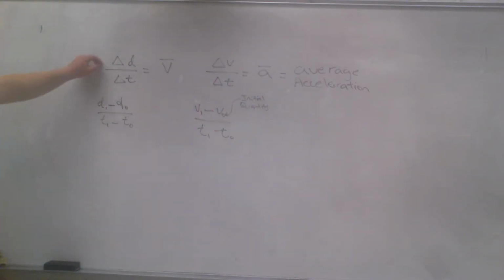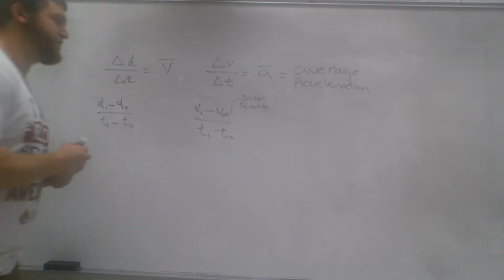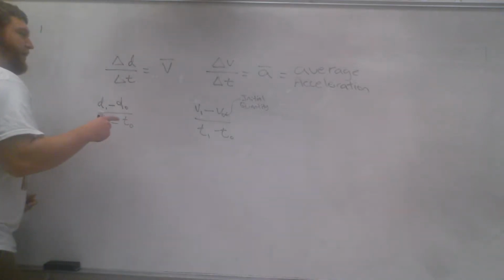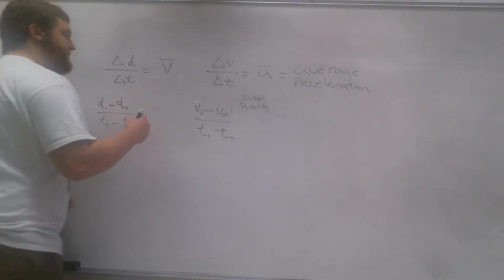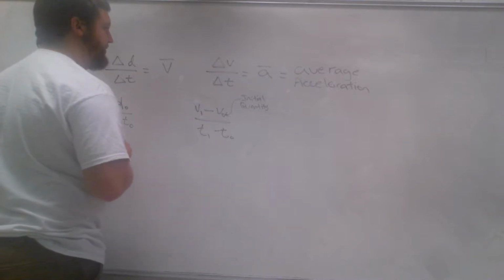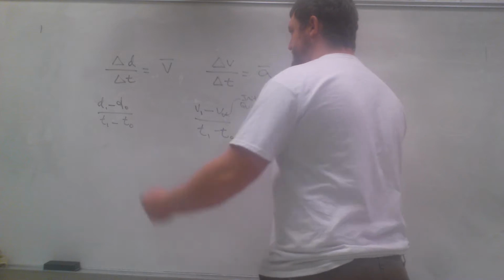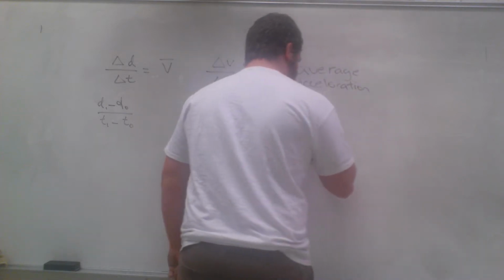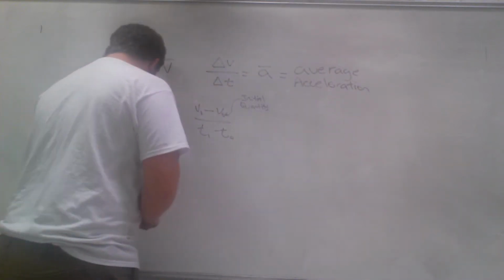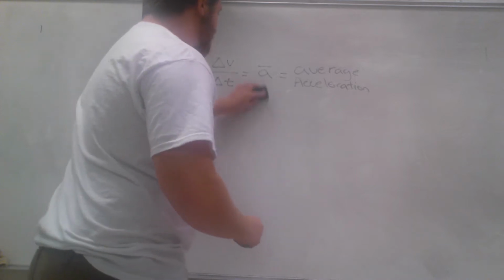If you're working with displacement, you're looking for average velocity. Okay, so acceleration. So if this is, how can I explain this? Velocity is change over time, right? Is distance over time. So velocity. So let's do this. This is how I'm going to explain this. Get rid of all that.